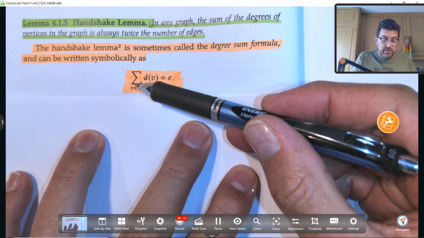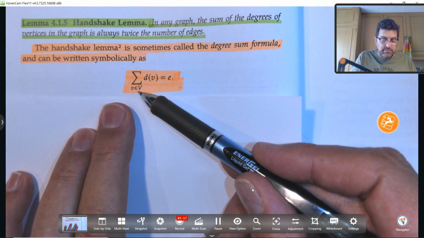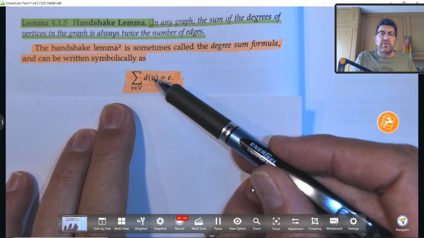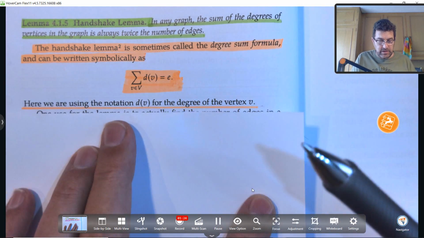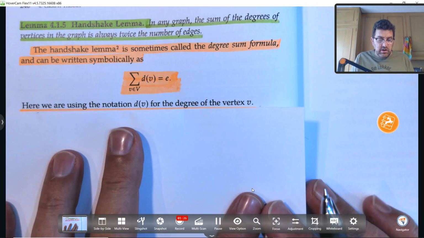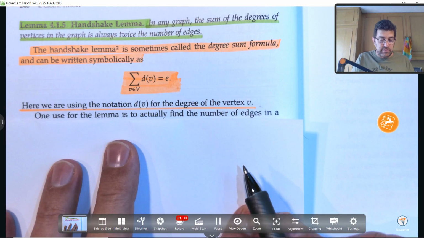The sum of the degrees of the vertices, where v is an element of the vertex set, that sum we denote as 2E. Here we are using the notation d(v) for the degree of the vertex v.